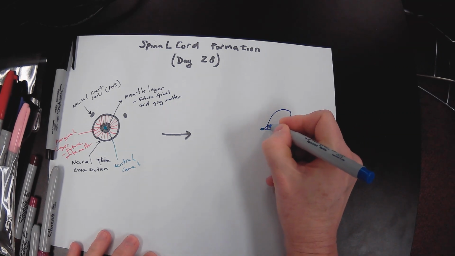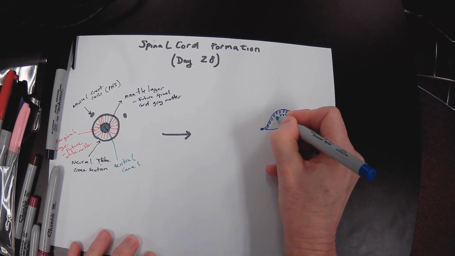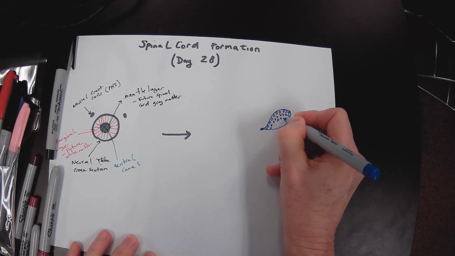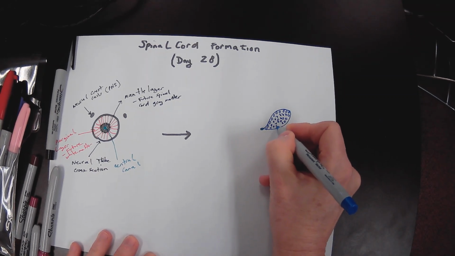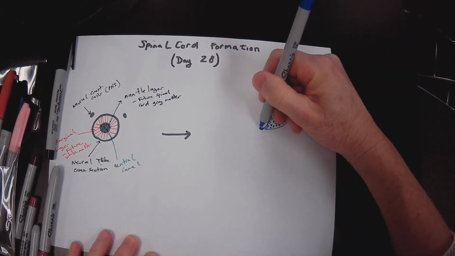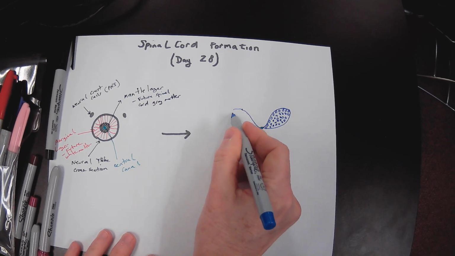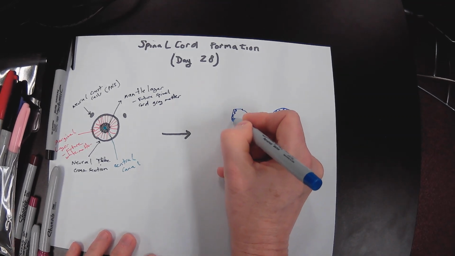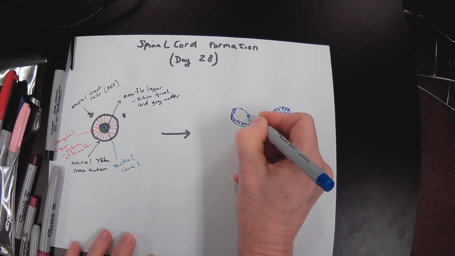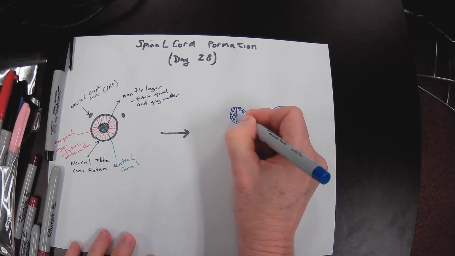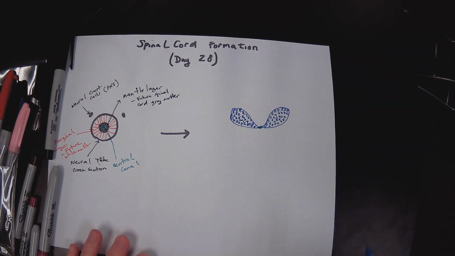This structure is filled with neuronal cell bodies. So these just came from the mantle layer, and they start to rapidly divide and form kind of a butterfly wing kind of structure. Okay, bilaterally. And this is nothing more than neuronal cell bodies that were surrounding the central canal have rapidly divided and formed this structure.